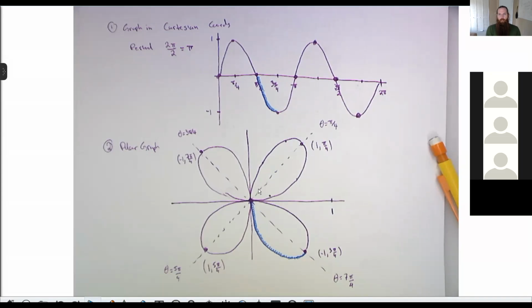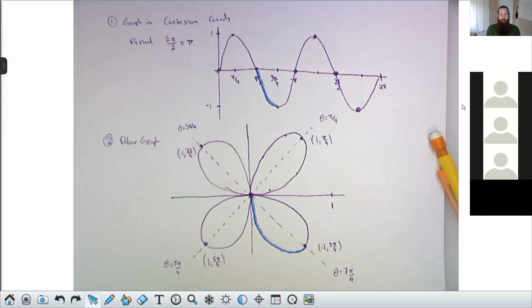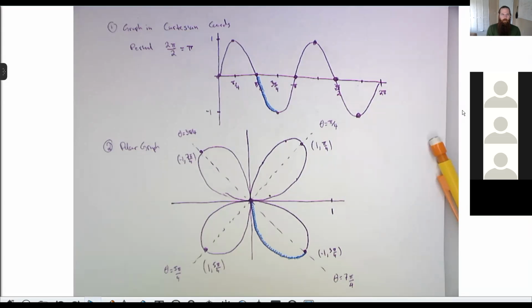Let's go into polar mode. Here's the graph we just drew. And it looks how we thought it would look. What happens, do you think, if I change this 2 to a 3? So sine 2 theta has 4 petals.